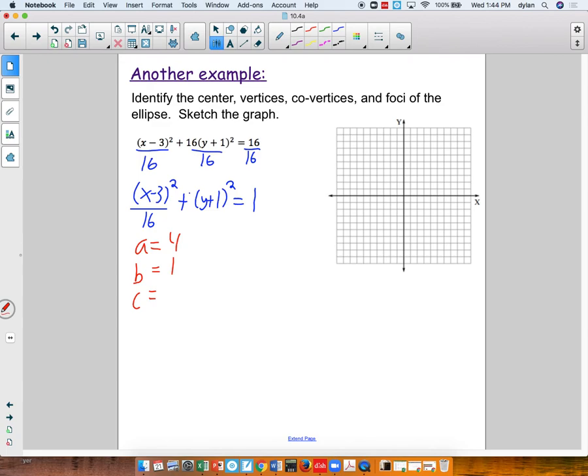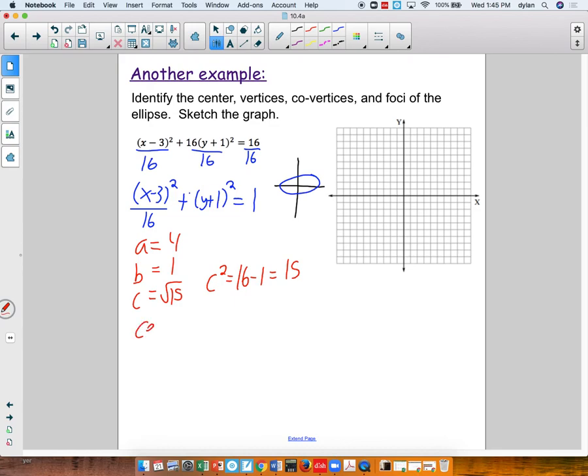And C squared equals A squared minus B squared, so 16 minus 1, which equals 15. So C is going to be the square root of 15. The other thing we want to think about here is whether this is going to be a horizontal ellipse or a vertical ellipse. In this case, because A is under X, we know that just roughly speaking, our ellipse is going to be horizontal, right?